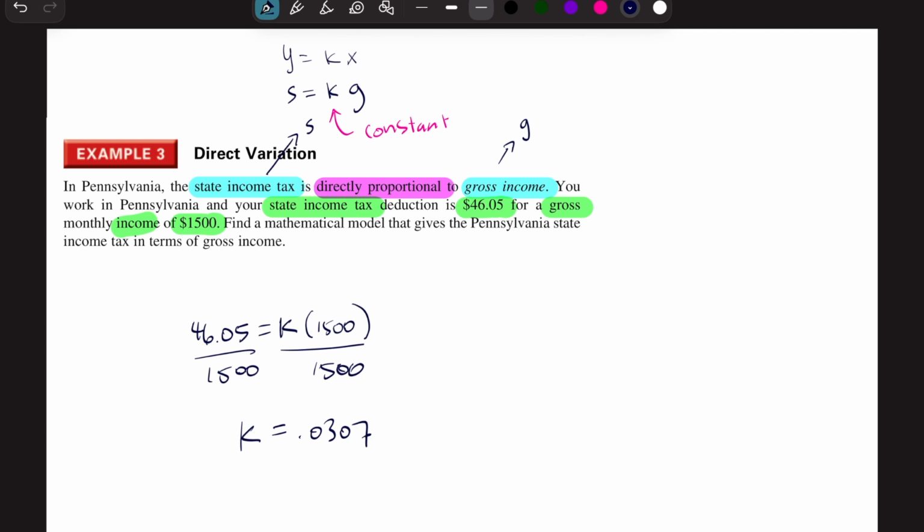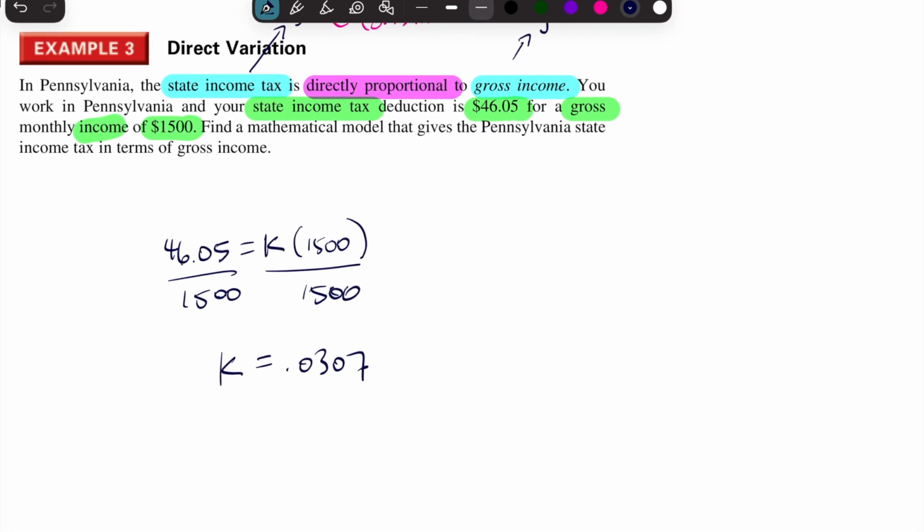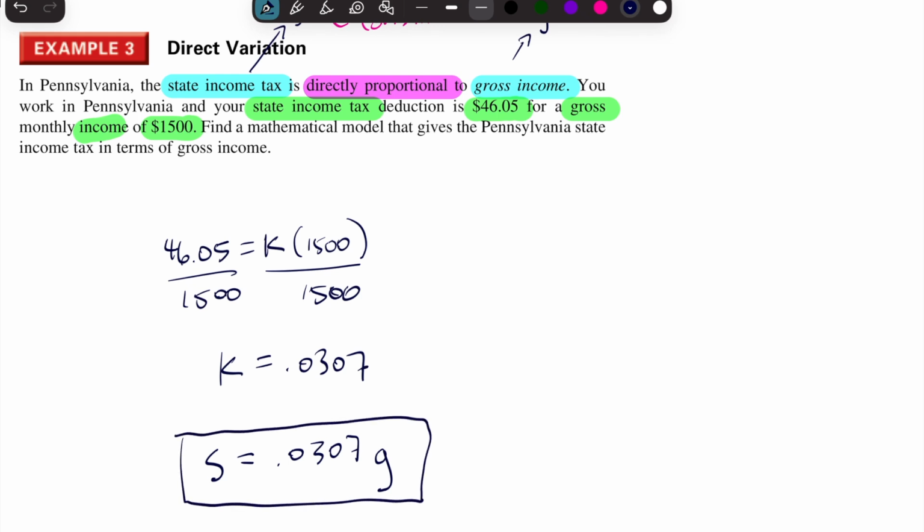And then the actual model is our equation, but with that constant plugged in. So it's going to be S equals 0.0307 times G. Now this is modeling the relationship between state income tax and gross income. You could plug in any gross income and we could figure out what the state income tax for Pennsylvania is.